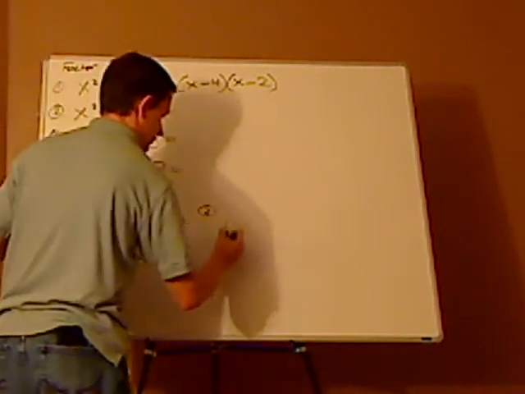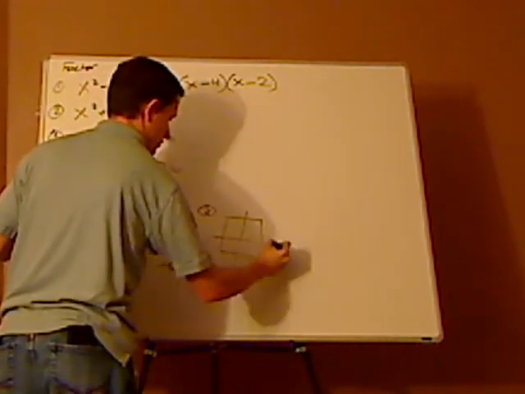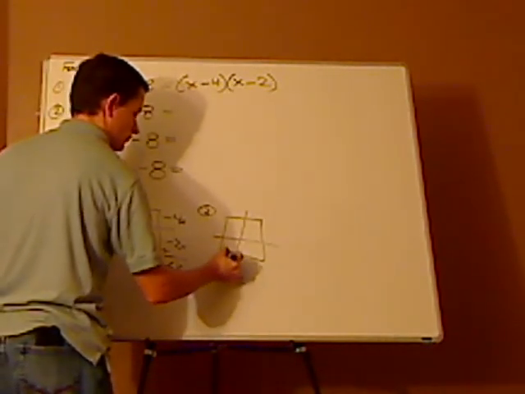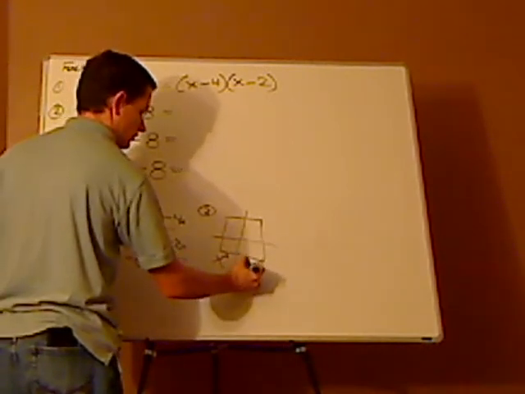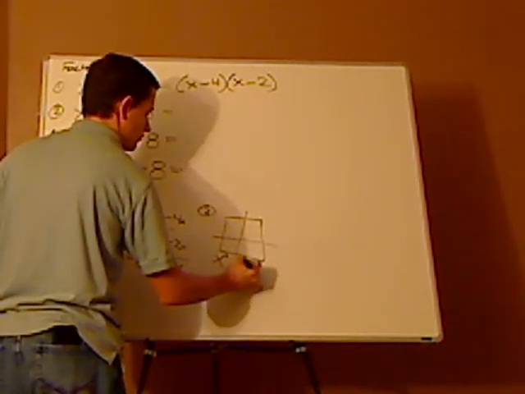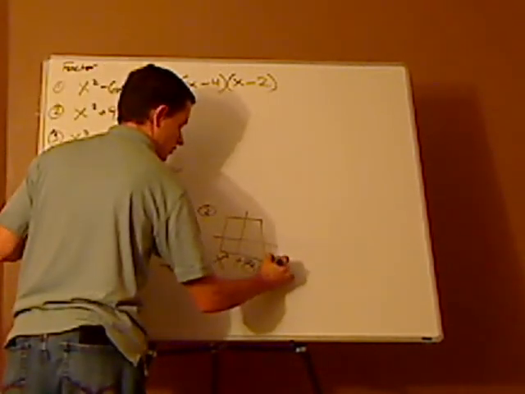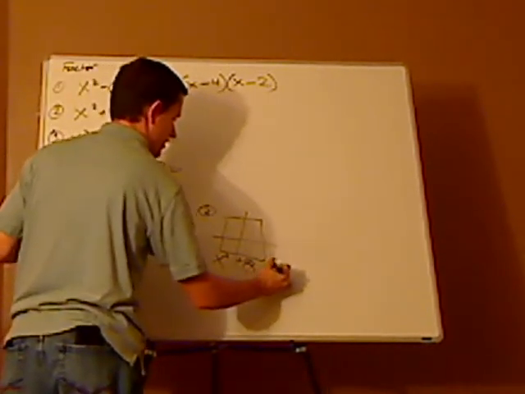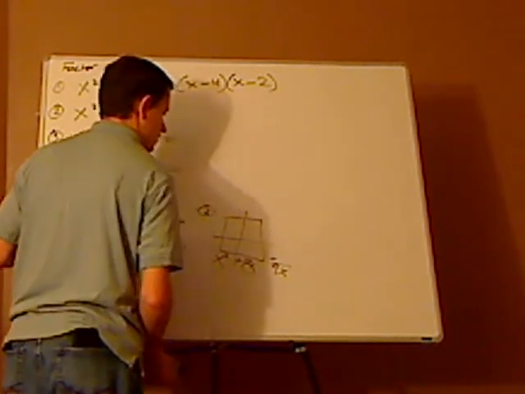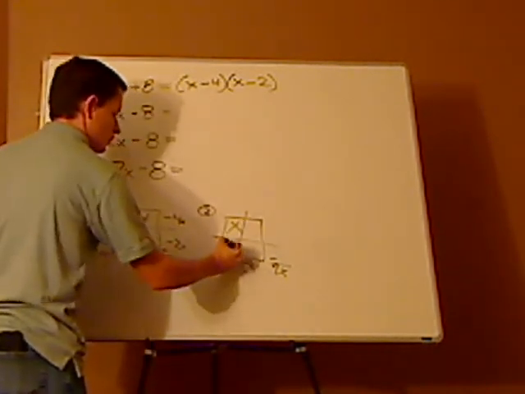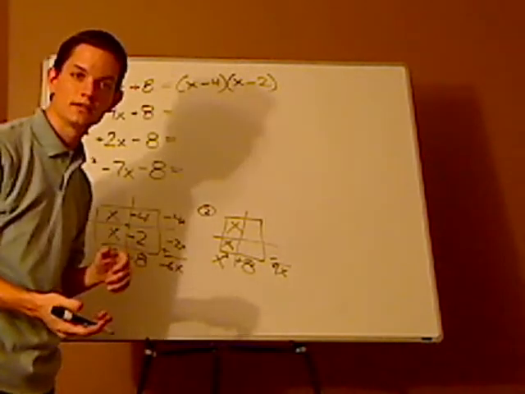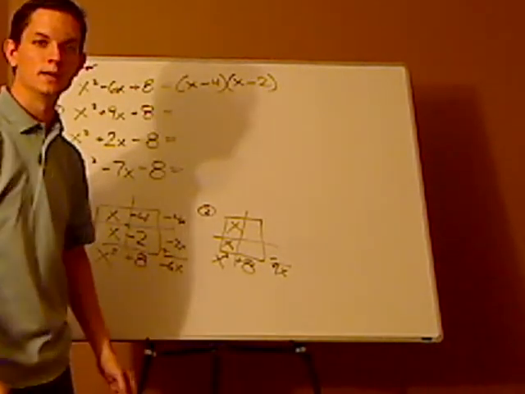Now, for the second one, again, box method, set up your box. This gives you the first term, which is x squared. This gives you your last, which is again a positive 8. Now, for your middle term, it's going to be 9x. So think through again, what times what will give you 8, and then when added together gives you the 9.